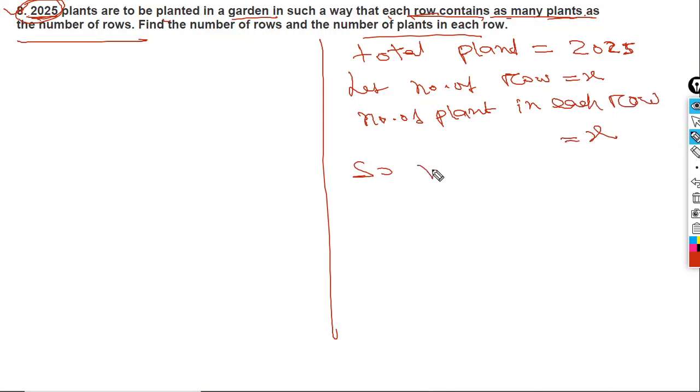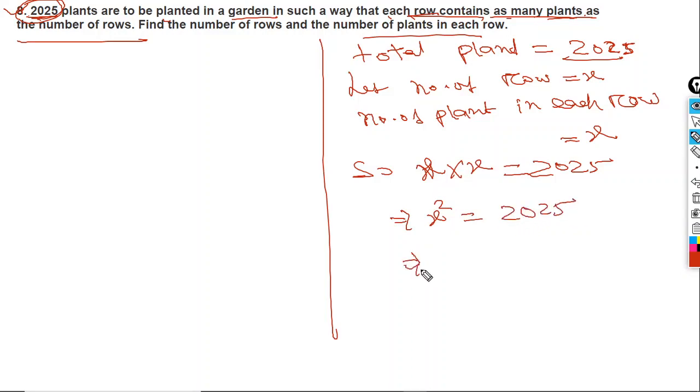So x into x is equal to the total plants, 2025, which implies x square equals 2025, which implies x equals root over 2025.